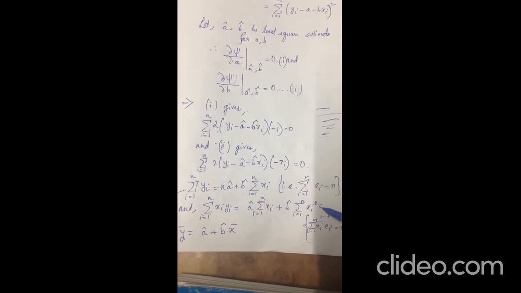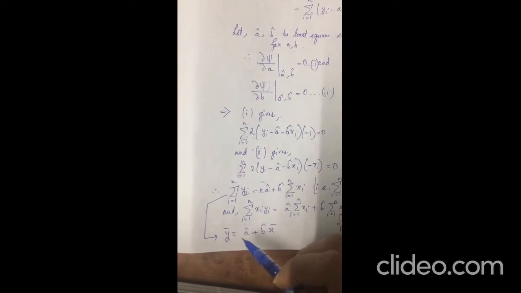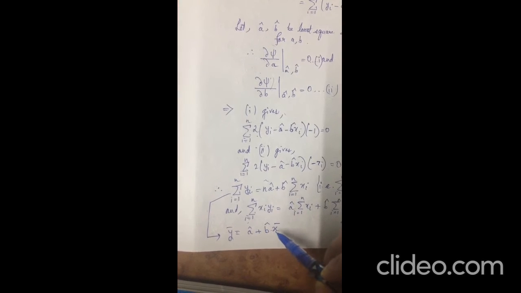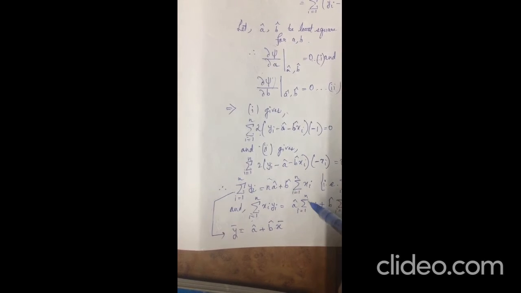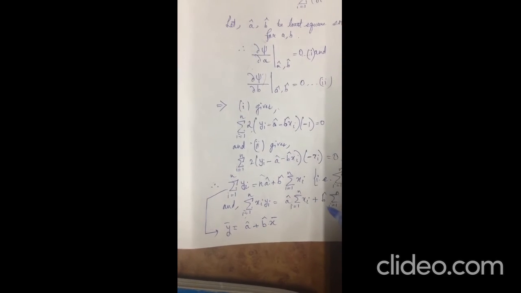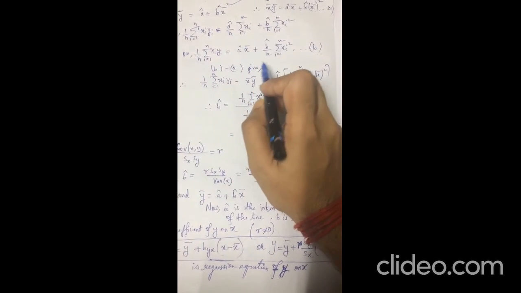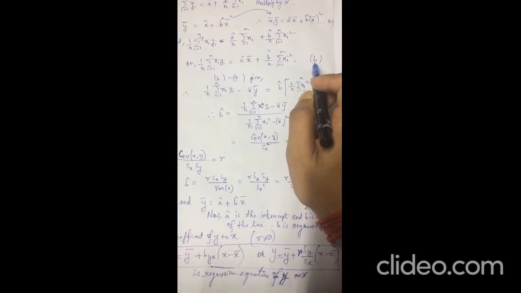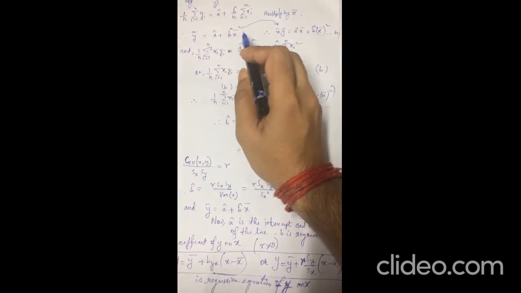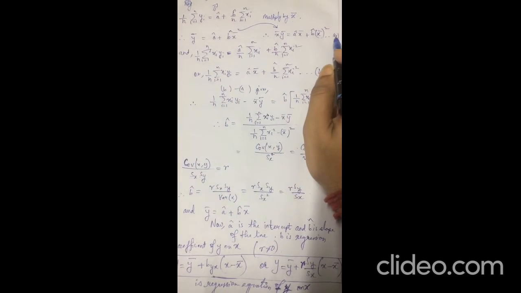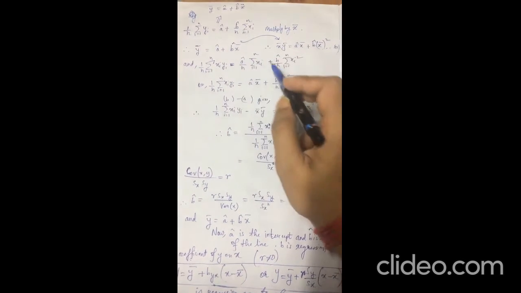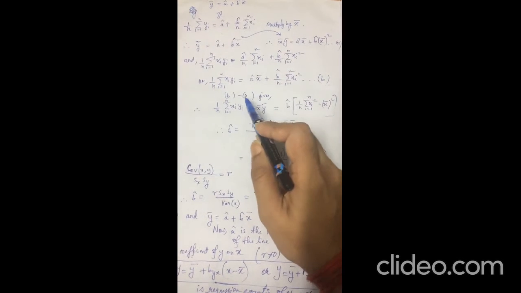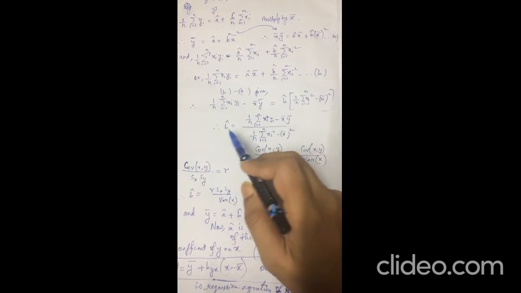Now y bar equal to a cap plus b cap x bar. We get this by dividing this equation by n, and we also divide the other equation by n. I label this as equation b, and I multiply this equation by x bar and label this as equation a. If I do this operation, what I get is the value of b cap.